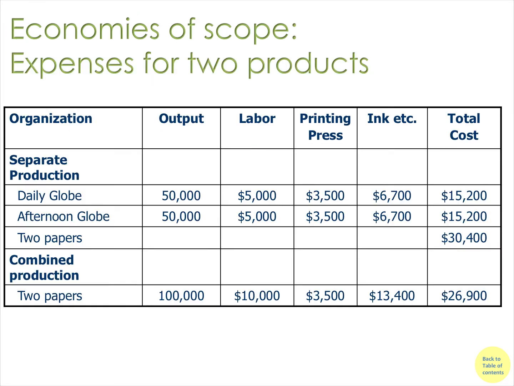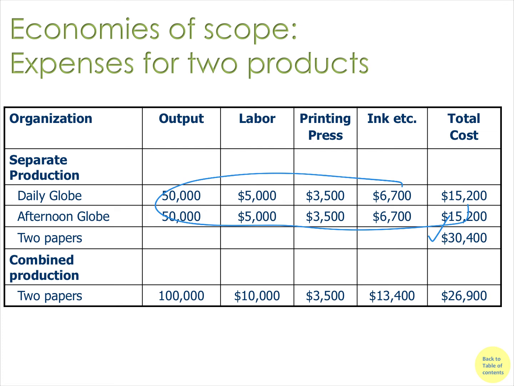So here's an example that may be fairly obvious. Should a newspaper produce 2 different publications? If we were to stay separate, the Daily Globe and the Afternoon Globe, the cost of everything together is going to be $30,400.